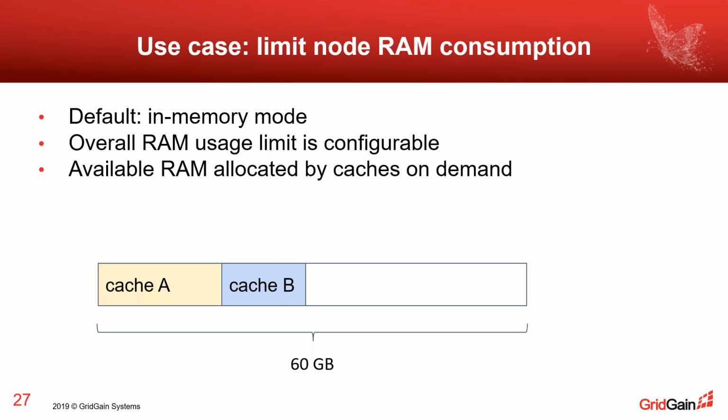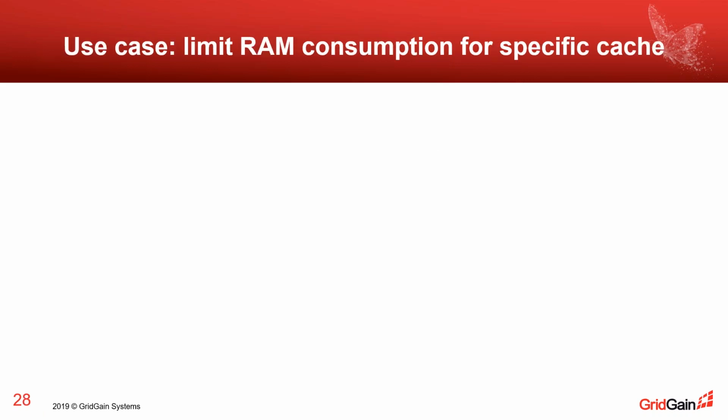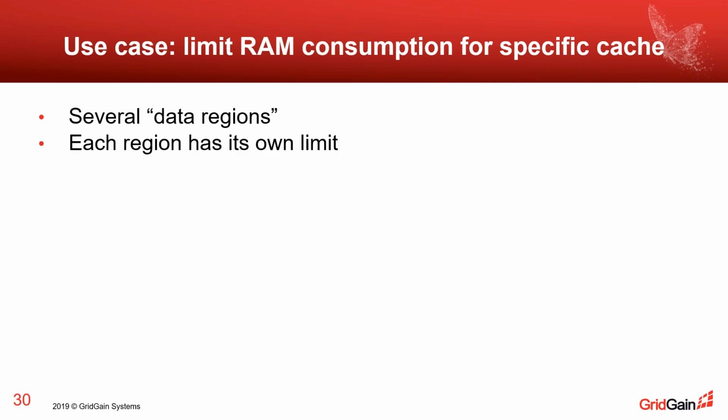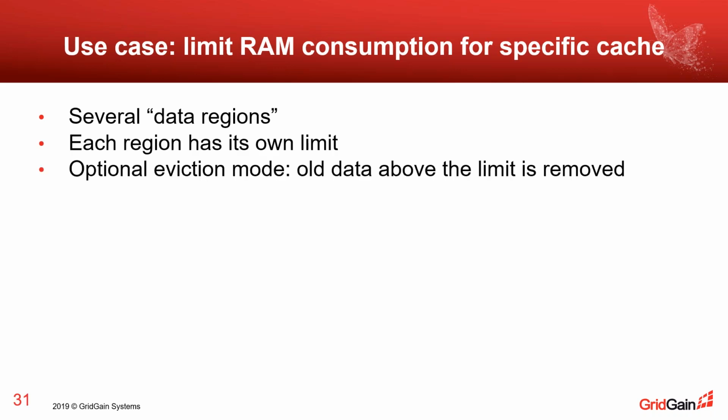Okay, there's an option to perform more precise memory tuning, and you can specify different limits for different caches. So in order to achieve that, you may want to specify several data regions and specify a limit for each region.